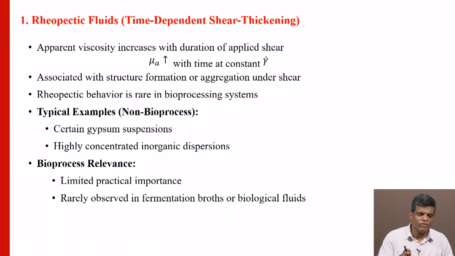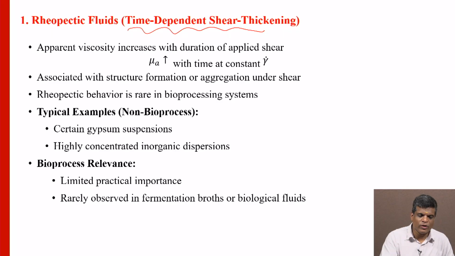So, there are two types here. One is the rheopectic fluids, that is called time dependent shear thickening. Already we discussed non-Newtonian shear thickening and shear thinning, the pseudoplastics and the dilatant. Many examples we discussed in previous classes, and this one is called rheopectic fluids, which is time dependent shear thickening.